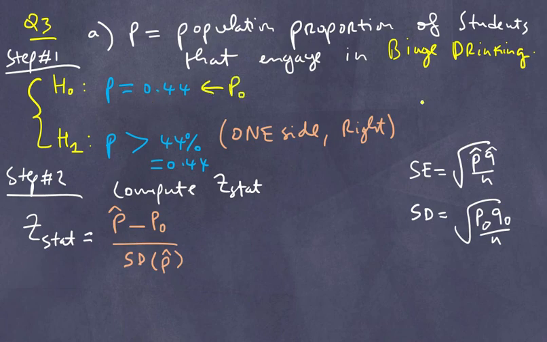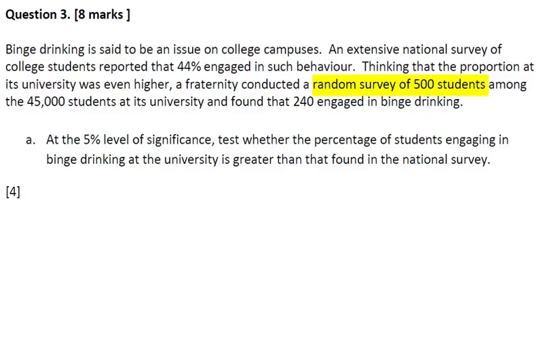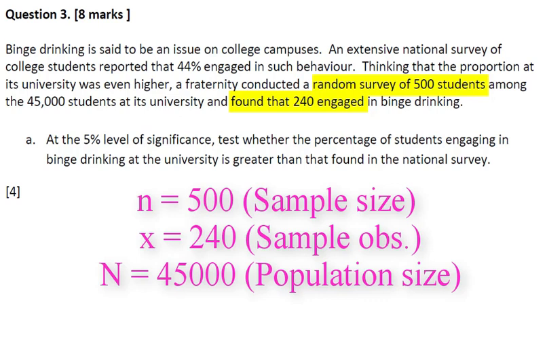Now what's p hat? Well, p hat is x over n. That's the sample size, 500, n equals 500. And we found 240 engaged in this kind of drinking. 240, that's x. 500, that's n. What about 45,000? This is the population size. We won't be using this in the calculation. Notice the population is very large compared to the sample.